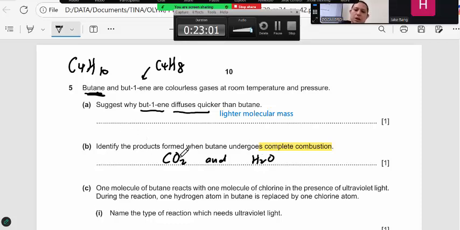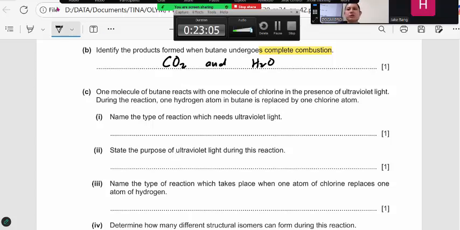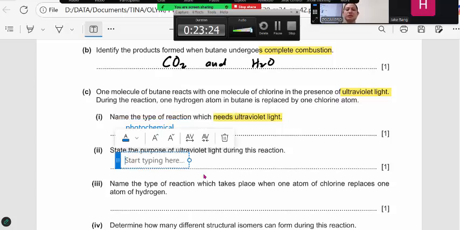One molecule of butane reacts with one molecule of chlorine in the presence of UV light. I did the whole list with you before, right? If it needs ultraviolet light, it's called photochemical. What is the purpose of the UV light?